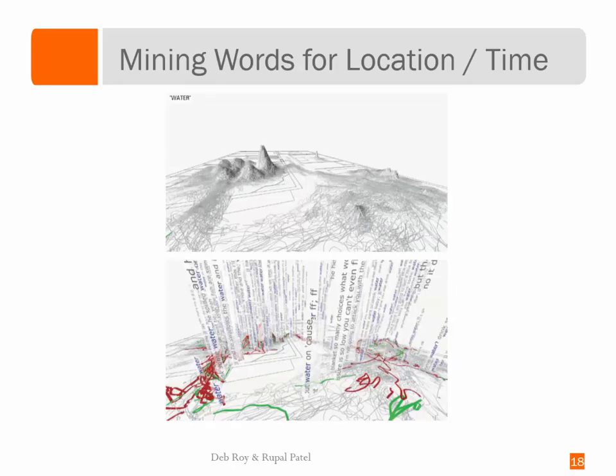Now, some of the results of this particular video provide us with geospatial stacks of words, if you will. And if you look down on the bottom of this visualization, we'll see those same red and green paths that we were talking about that basically have passed through the apartment.